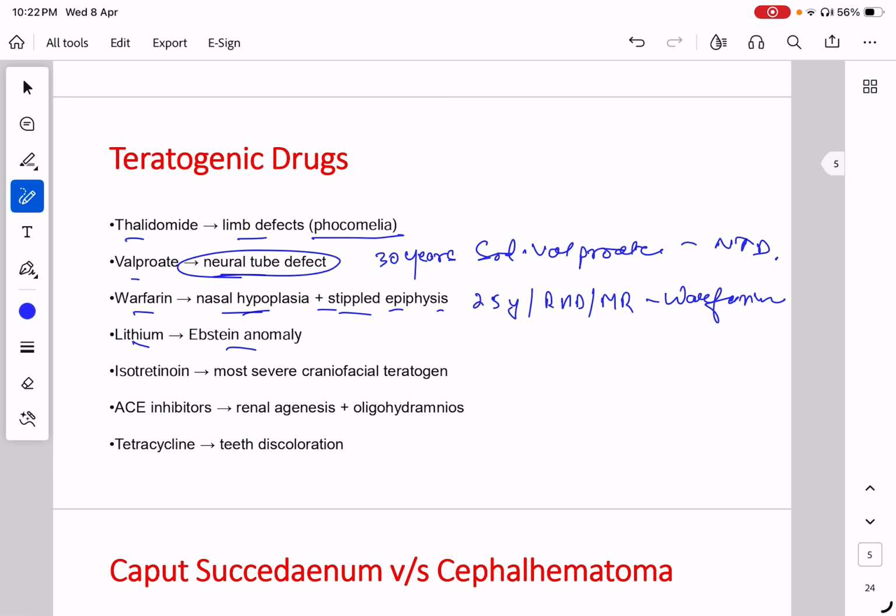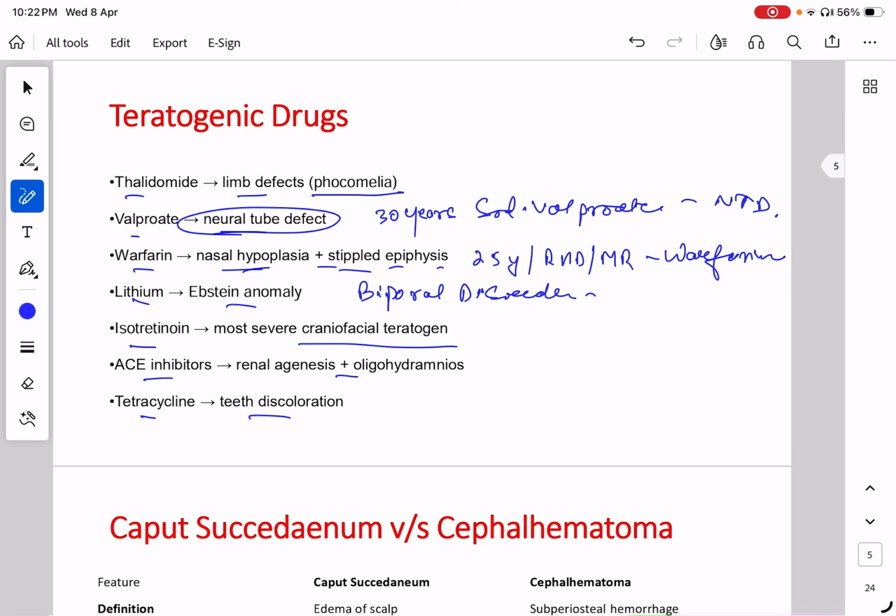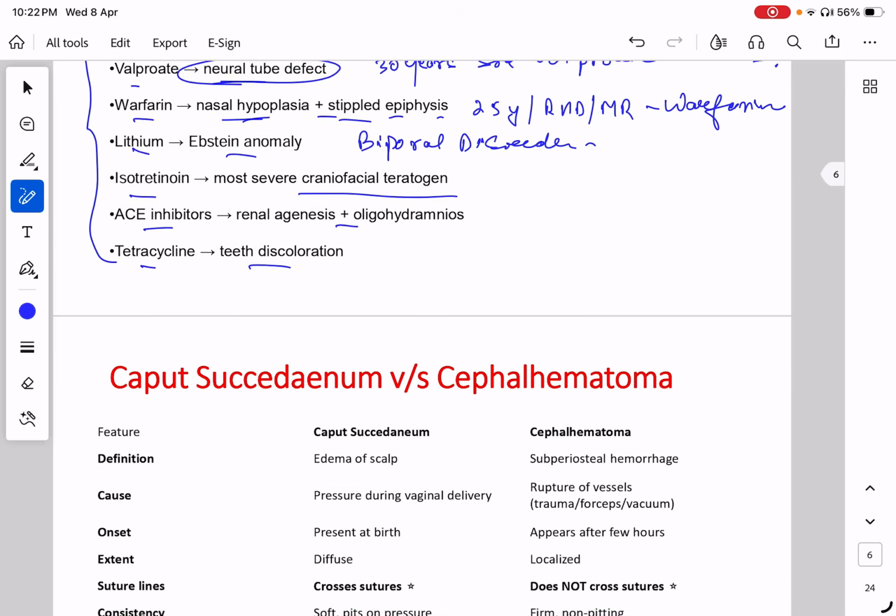Lithium, Ebstein anomaly is seen. Cardiac defect, lithium is mostly taken by females who have bipolar disorder, so a case can be framed. Isotretinoin, most severe craniofacial teratogen. ACE inhibitors, renal agenesis and oligohydramnios, and tetracycline leads to teeth discoloration. There are many drugs, but these are the few important ones from which MCQs have been asked in previous year questions.